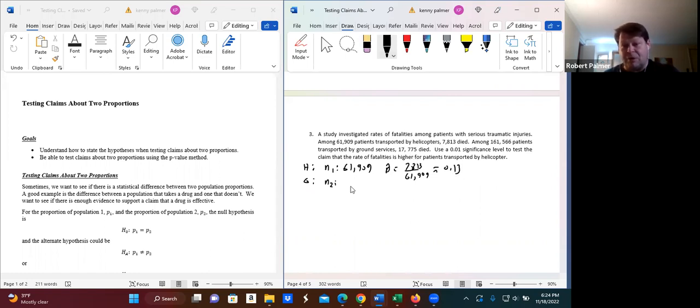For N2, we have a much larger group, 161,566. And this is going to be P2 hat. Out of those, 17,775 died, out of 161,566. So let's calculate that value.